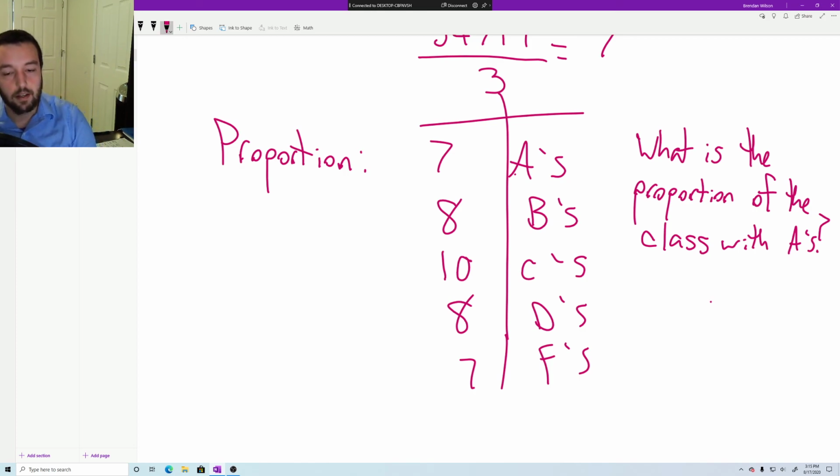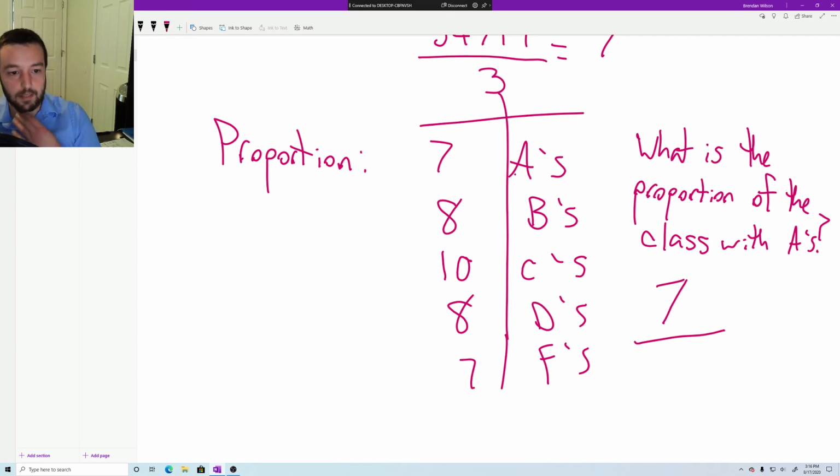Okay. So we want to know how many people got A's in relation to how many people total are in the class, right? So we know 7 people got A's, and when we say in proportion to, that means divided by. So 7 people got A's, and then we divide that by how many people are in the class.